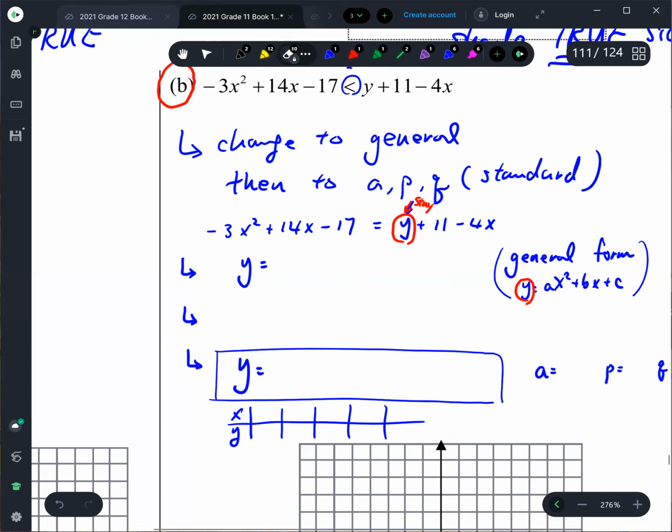So move them over to the left side and combine together. Combine the like terms. Do you know what like terms are? After you move over, do you know how to combine it? Yes. Okay, so let me know when you have the answer, okay? Don't turn off the mic.